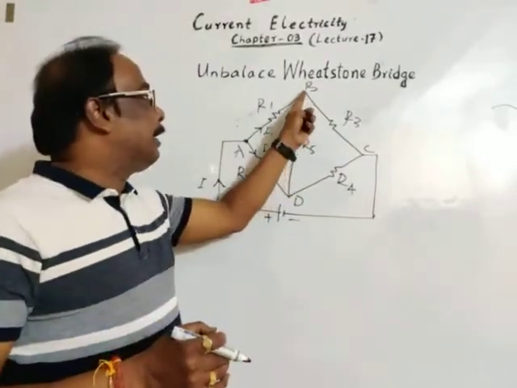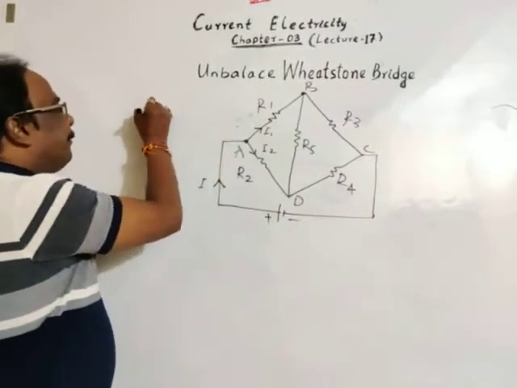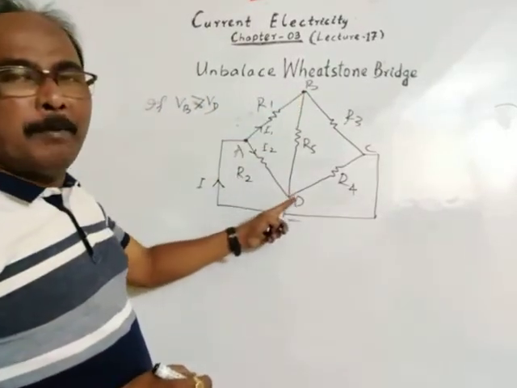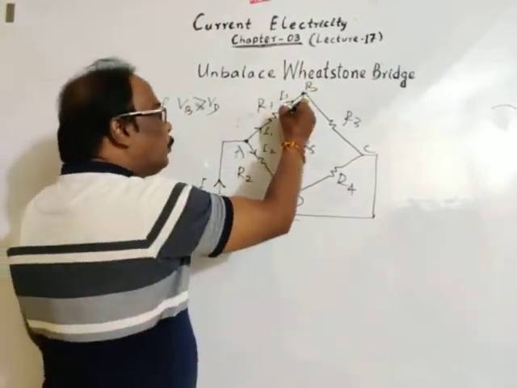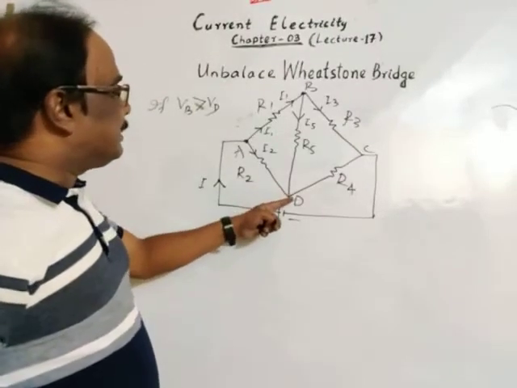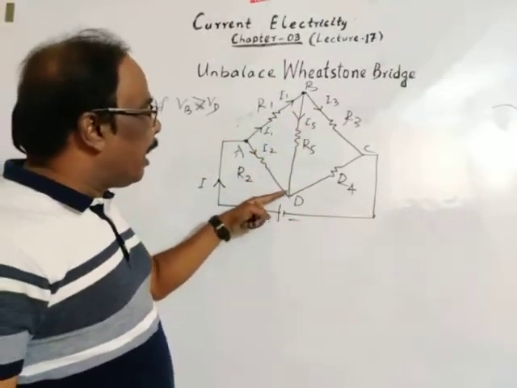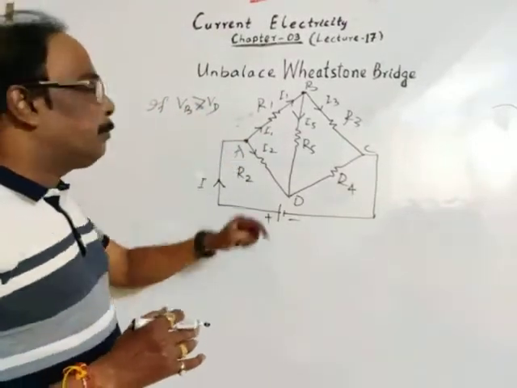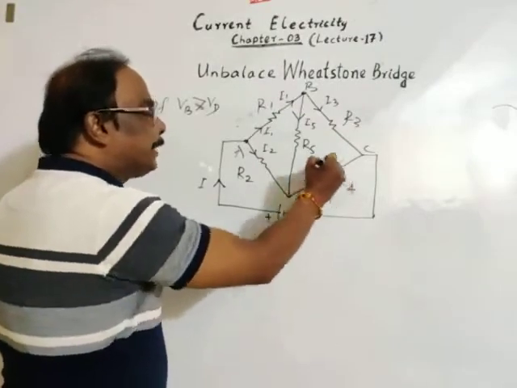Which current will get divided, I1 at B or I2 at D, depends upon the potentials of B and D. If the potential at B is greater than the potential at D, then I1 reaches B as incoming current, and the outgoing current may be taken along one branch as I5 and along the other branch as I3. If the potential at D is greater than at B, then I2 will get divided, from D to B as I5 and from D to C as I4. Let's consider the potential at B is greater than at D. Then I2 and I5 get combined and become I4.